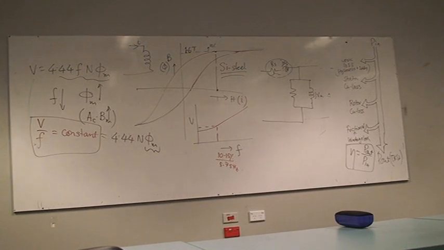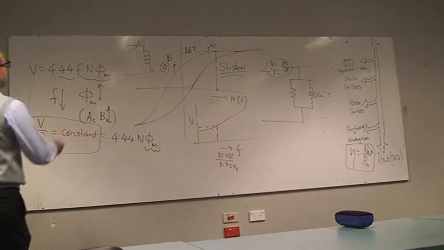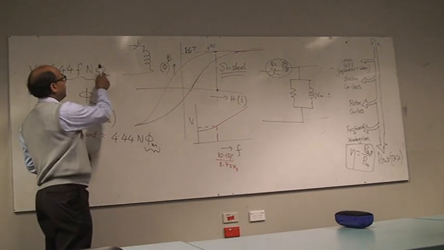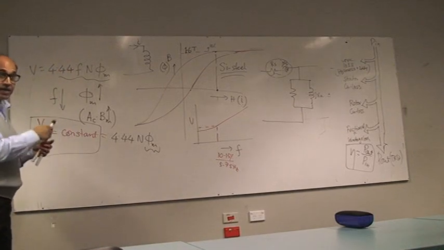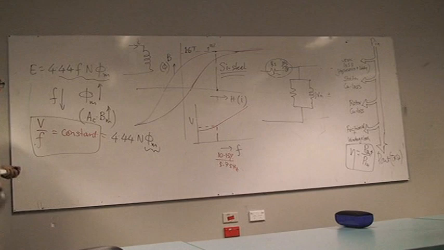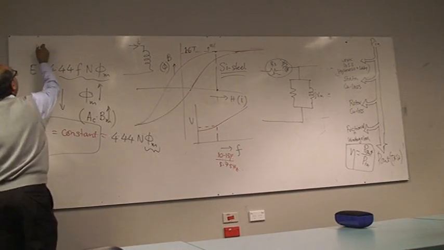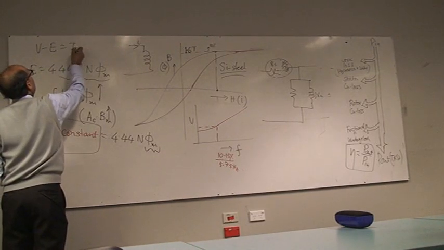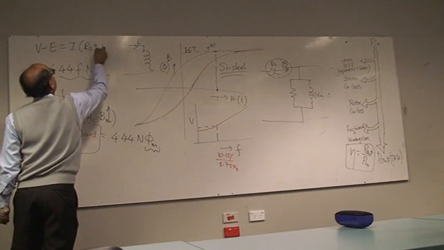So when you're in that nonlinear region, that V equals 4.44 expression changes. You may say this is actually E, and V minus E equals I times RS plus jXS.